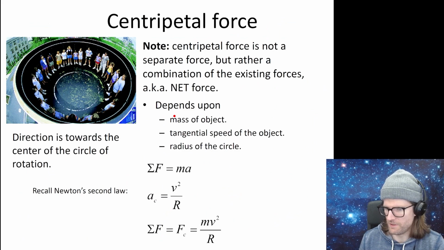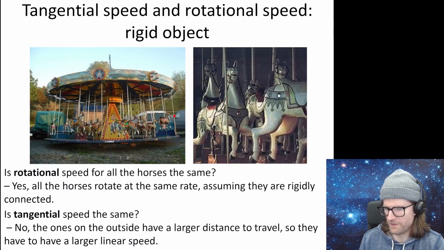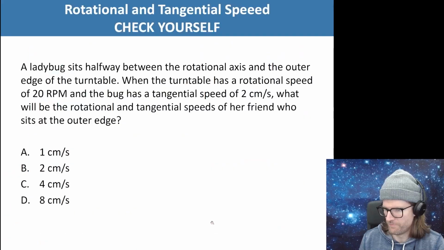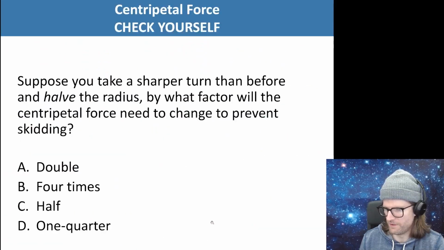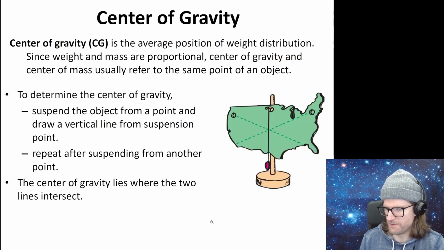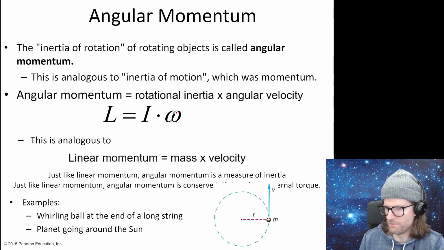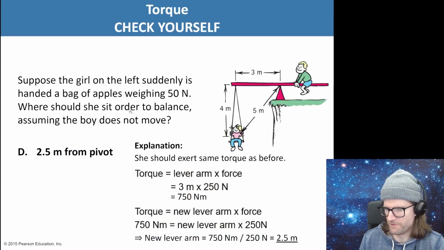If we double this, and this remains the same, then this is doubled. Then we go back to our momentum formula. If this is doubled and this is the same, then L is doubled. Okay, so back to the question.